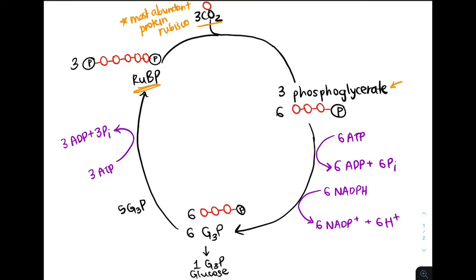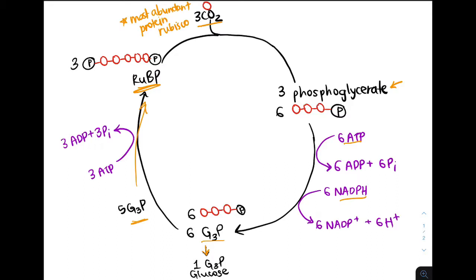We will then produce 3-phosphoglycerate and then use ATP and NADPH to produce G3P. We will remove one G3P molecule, and we will be left with 5 G3P, which will then be regenerated to RUBP.